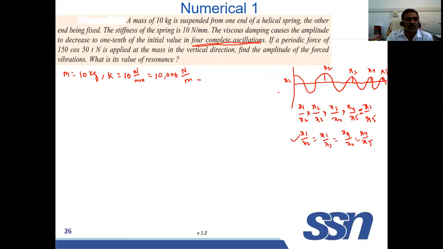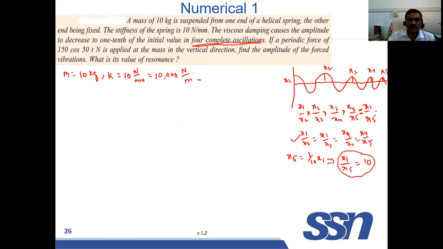So now what is given? The amplitude decreases to 1/10 of the initial value in 4 oscillations. So x5 is equal to 1 by 10 of x1. That's the meaning. From this, we can take x1 by x5 is equal to 10.